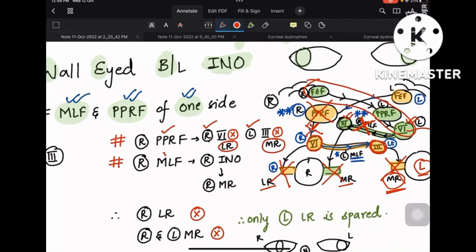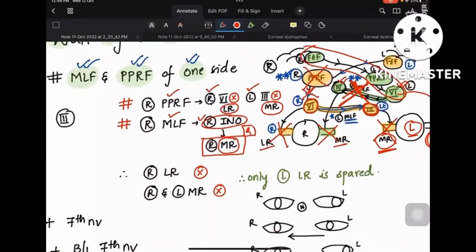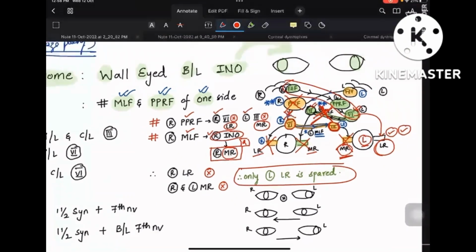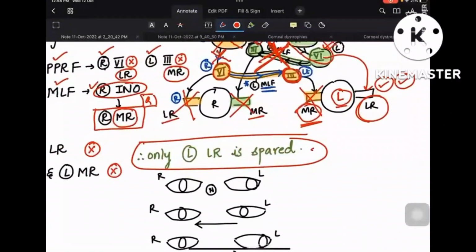And when the right MLF is gone, that causes right INO, which means right sided adduction weakness. Adduction muscle is MR, so right sided MR is gone. So the only muscle which is functional is the left lateral rectus. So the left lateral rectus is the only muscle spared in right sided 1.5 syndrome.